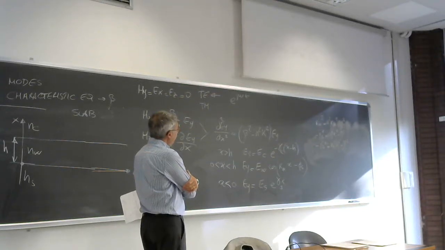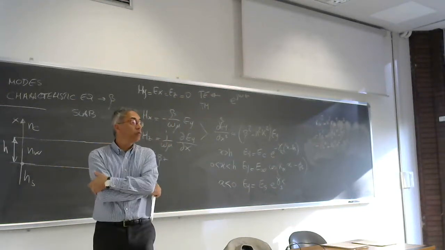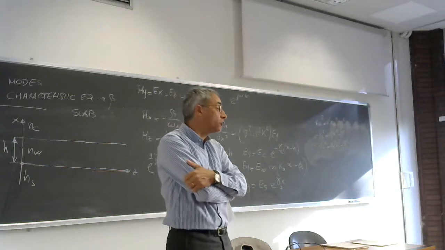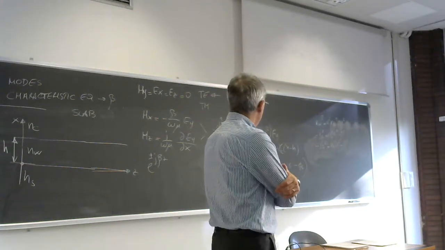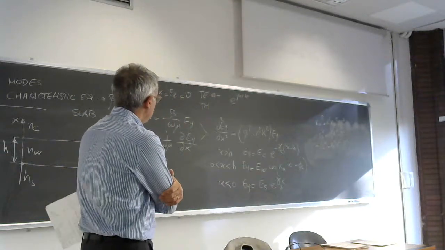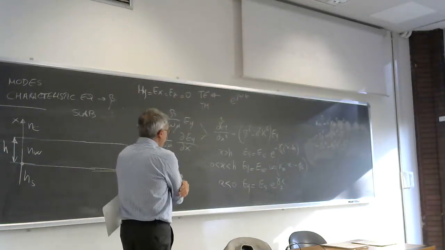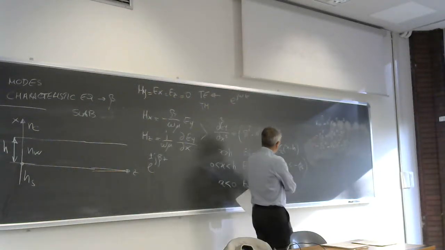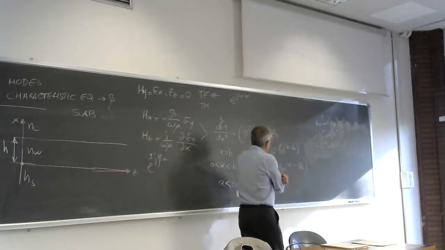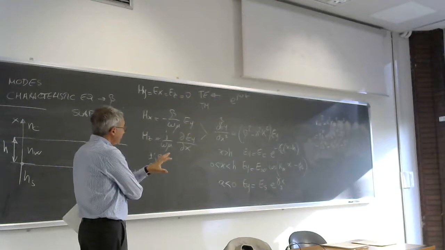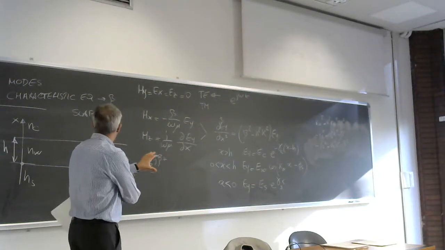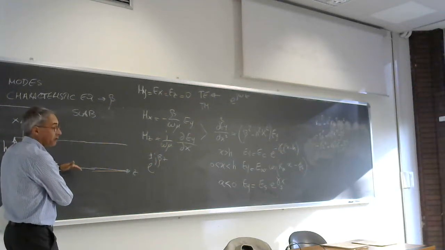So from a mathematical point of view, this is just a relation between the various coefficients that we put in the solution that we assume. So these coefficients are not totally free, but a relation between them exists because of the continuity of the field at the interface.